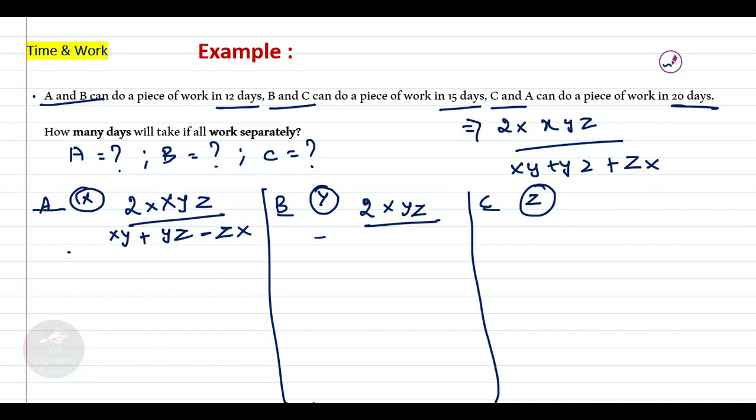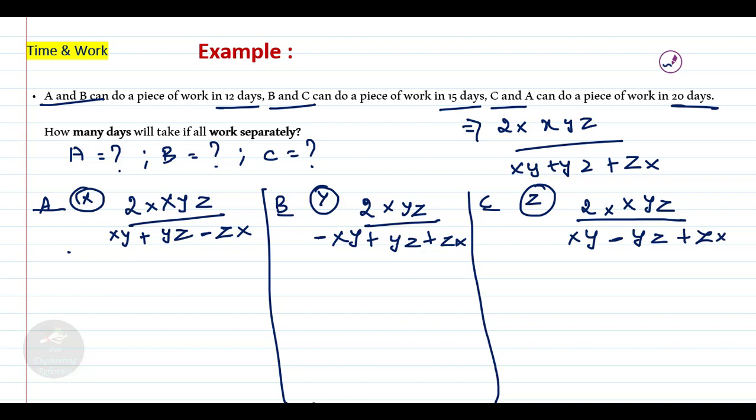So here y is coming here, so x into y plus y into z plus z into x. Similarly, to find the value of C, we can write the numerator over here, 2 into xyz divided by xy minus yz plus zx.